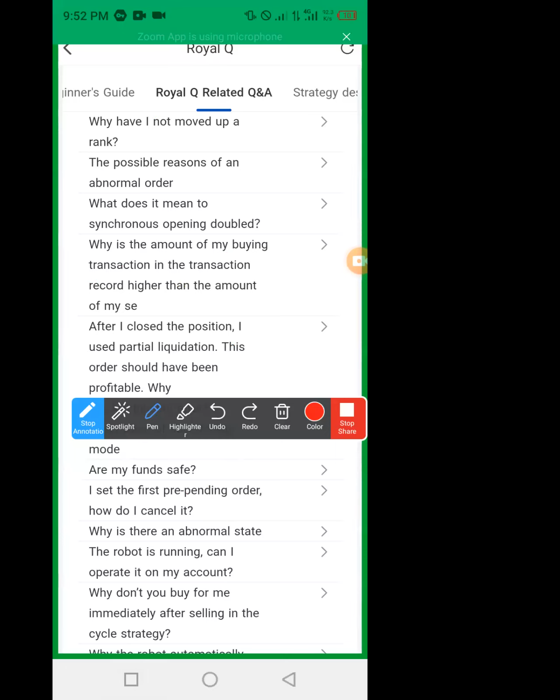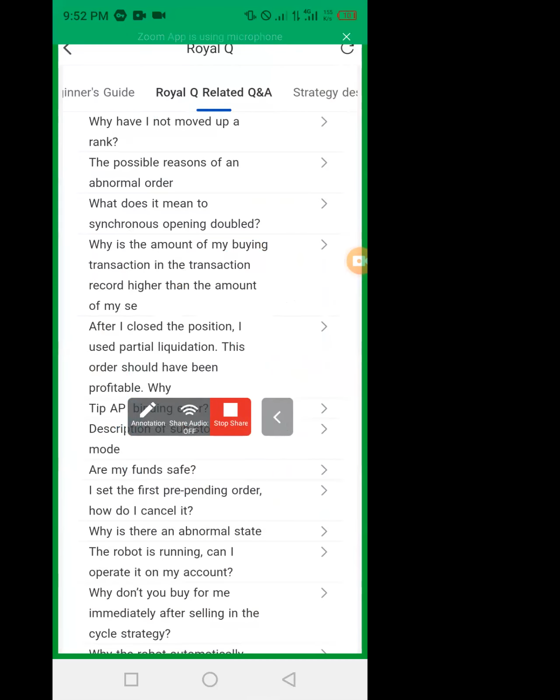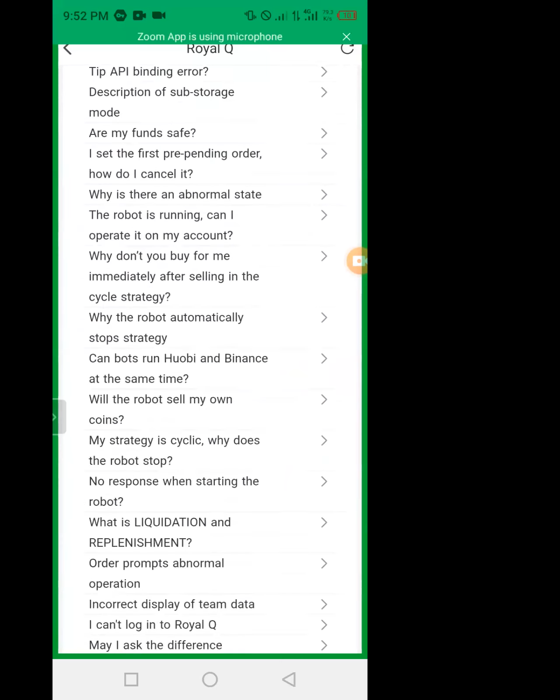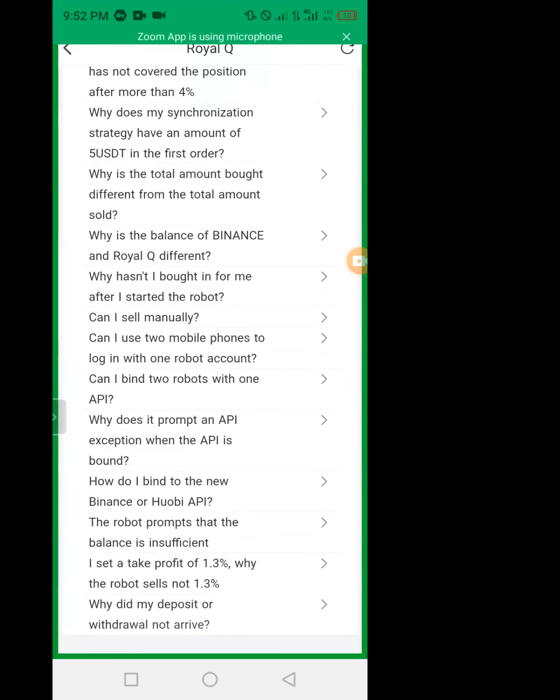If you have any problem and there is something that you don't understand, maybe the person who brought you has not given you time to respond about the questions and answers. You have questions, always come here. Go to Royal Q feedback, go down below to Royal Q related questions and answers. Look through all these questions. When you find one which has what you want, click on it, go and read the answers.